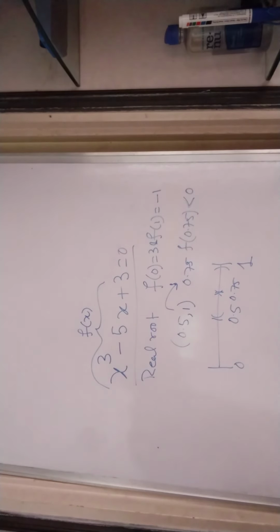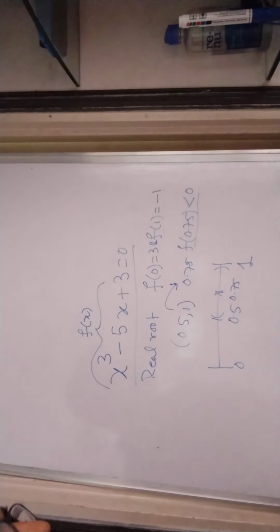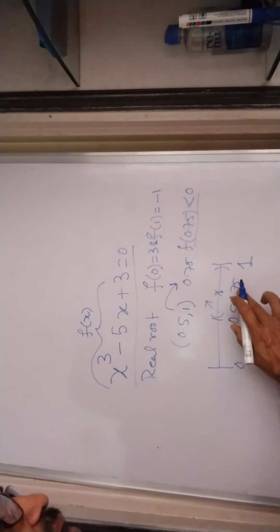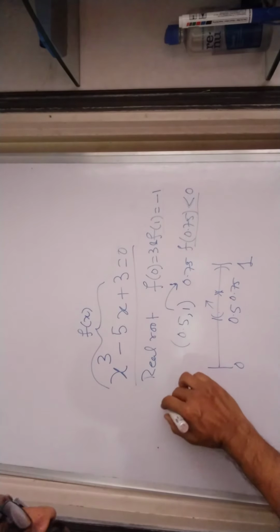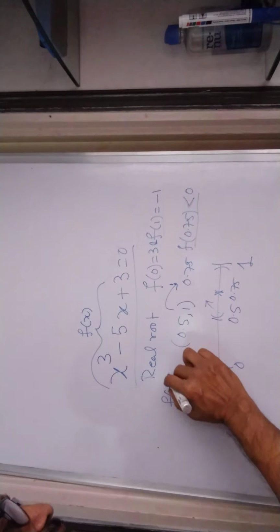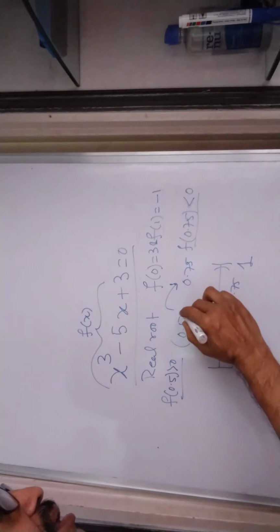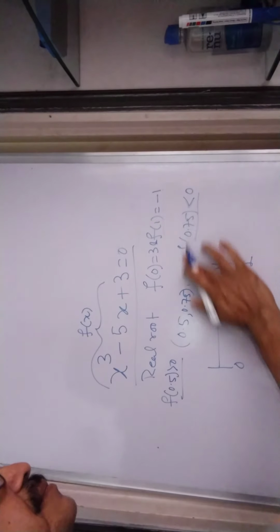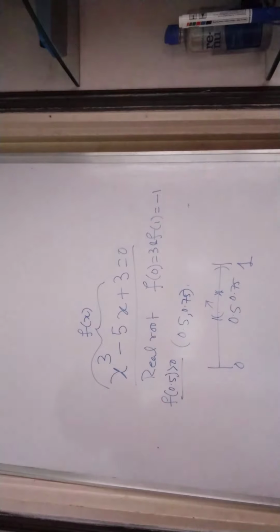So, since f(1) is negative and f(0.75) is also negative, we choose the interval 0.5 and 0.75, because f(0.5) is positive. We have seen it, f(0.5) is positive. So our interest lies in the interval 0.5 and 0.75, since here f is negative and here f is positive.